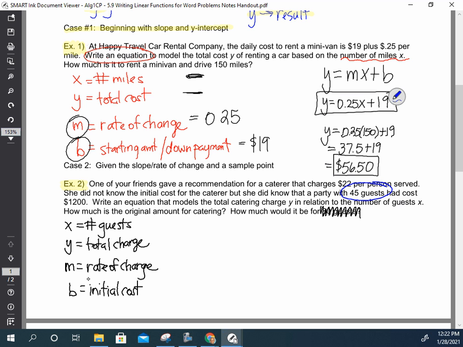I told you that 45 guests. How much does 45 guests cost? $1,200. So if you know an X and a Y, that means you have a point. 45, comma, 1,200.